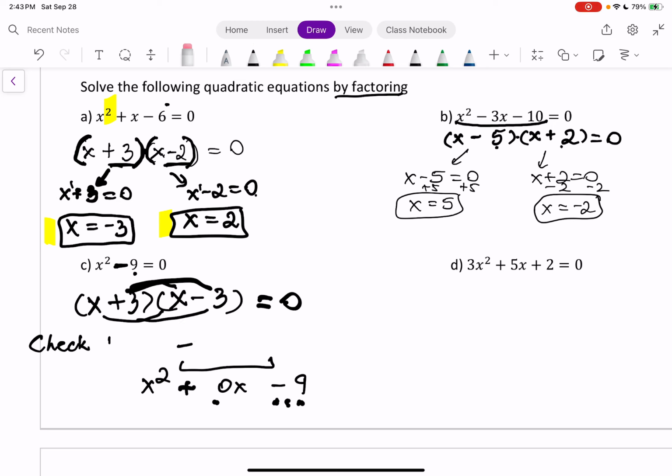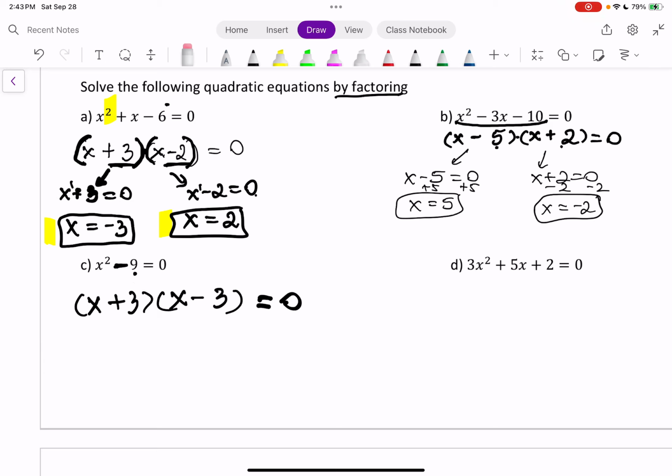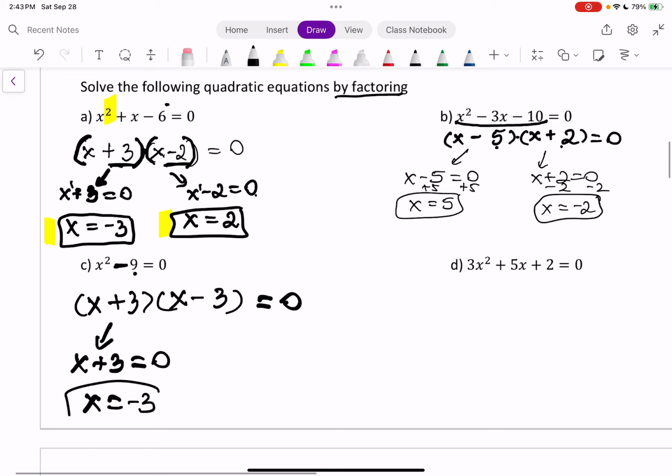All right. So that's how factoring differences of perfect squares works. And here are my options now. Again, either x plus 3 is 0, which makes x equal to negative 3, or x minus 3 is 0, which makes x a positive 3.